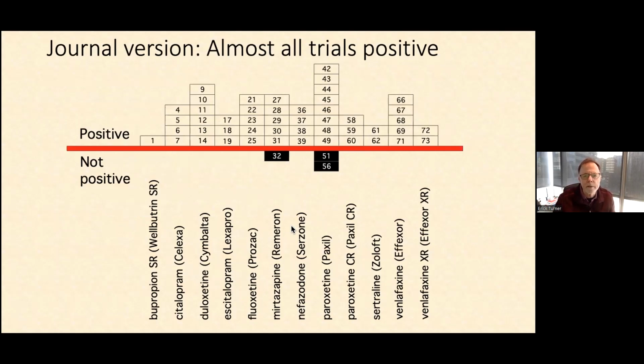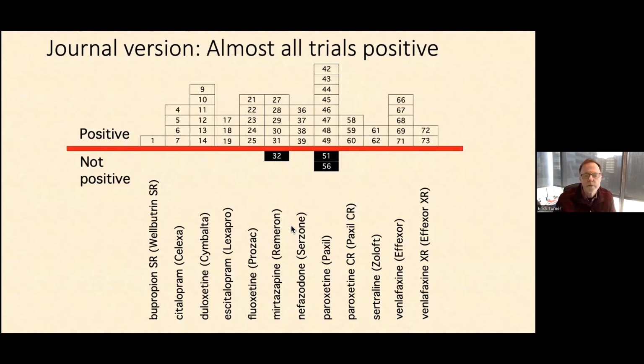Basically everything was positive, and by positive, I mean everything above that red line was statistically significant, appeared to be statistically significant on the primary outcome. As you see, very few studies were acknowledged as being not positive in the journal articles. And those are, of course, the 12 antidepressants that we looked at across the bottom there.